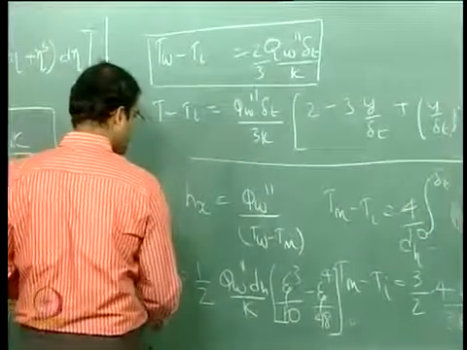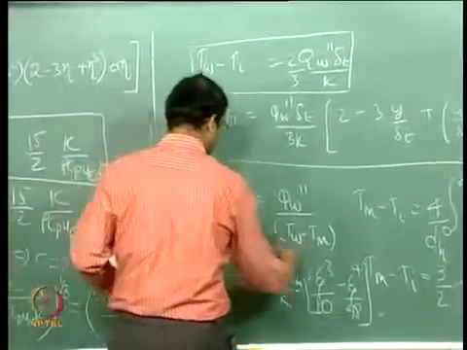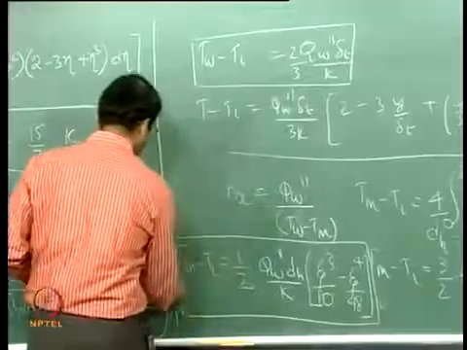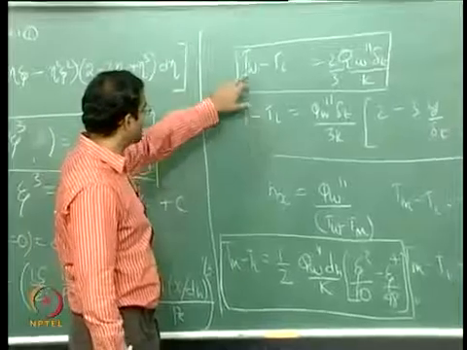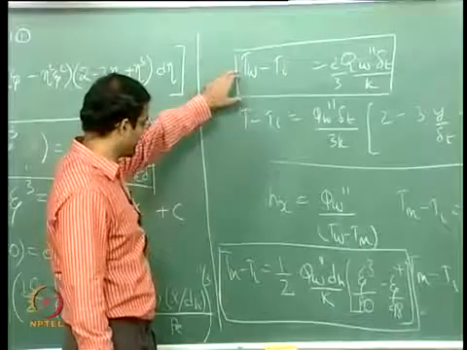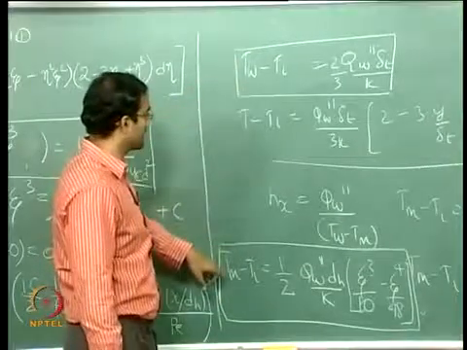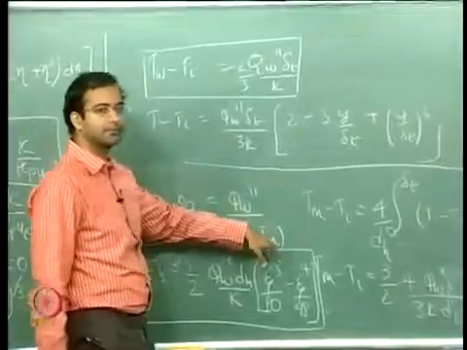Okay, so this is the relationship for Tm minus Ti. So therefore from this we know T wall minus Ti and Tm minus Ti, we can take the difference between these two and that will give me T wall minus Tm.